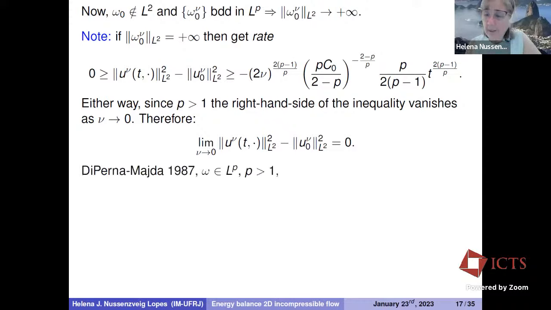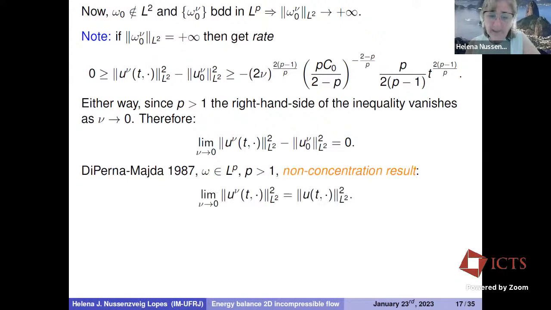Now, Cruzeiro and Majda in 1987 showed that if the vorticity is in LP for p greater than 1, then the kinetic energy for the vanishing viscosity limit is equal to the kinetic energy of the weak limit, the Euler solution.